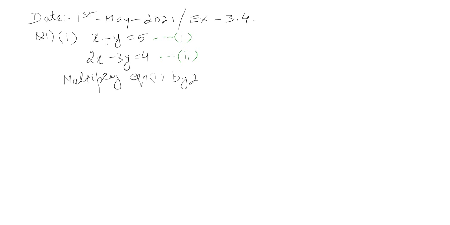Here it is 1, so I'm not going to write multiply equation 2 by 1. You can write it, but we are not going to multiply because we know it won't change. So I'm multiplying equation 1 by 2, and what I'll get? I'll get 2x plus 2y is equal to 10, right? Every term of this first equation is multiplied by 2, and the second equation I'm multiplying by 1. If I multiply by 1, the equation doesn't change, it remains the same.